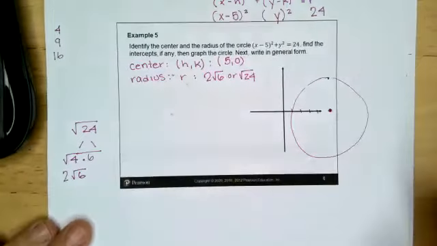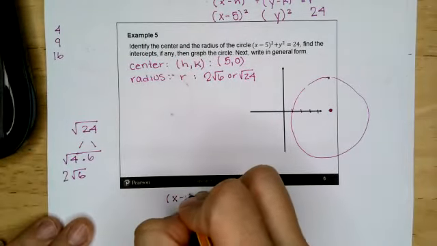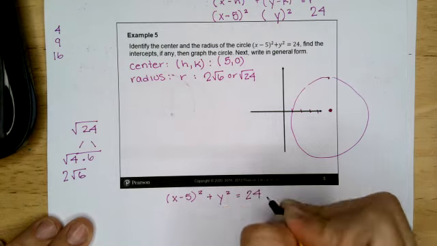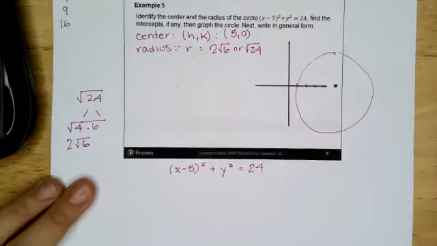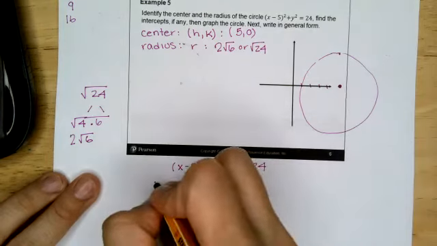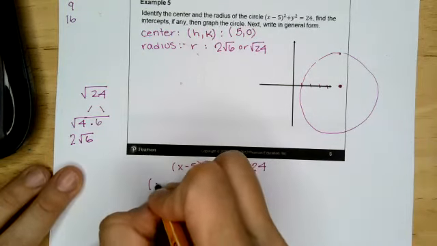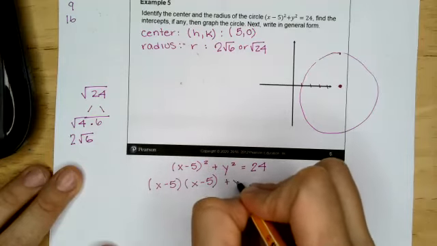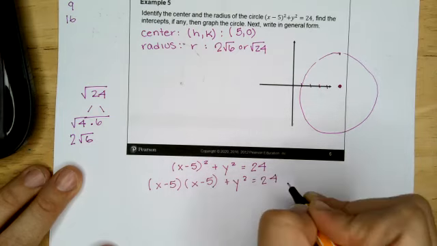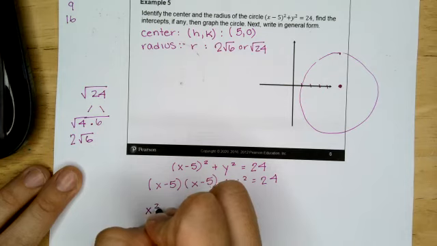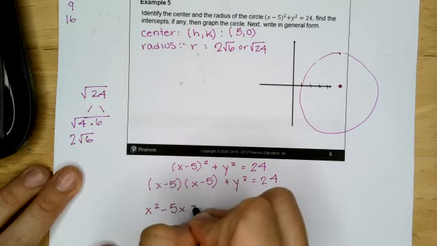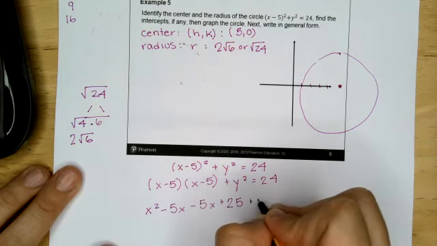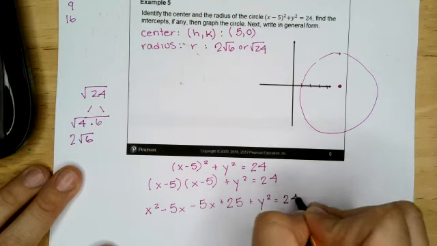They gave it to us in standard form: x minus 5 squared plus y squared equals 24. And we need to put it in general form. So one translation from standard form to general form, just like we did before. So x minus 5 squared becomes x minus 5 times x minus 5. Everything else can stay the same. X times x is x squared, minus 5x, minus 5x. Negative 5 times negative 5 is a positive 25, plus y squared equals 24.